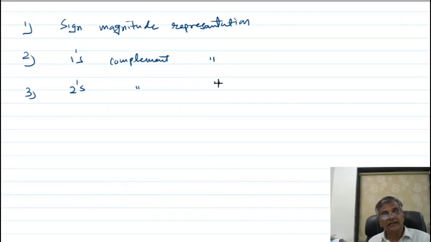First, sign magnitude representation. Second, 1's complement representation. Third, 2's complement representation. In the sign magnitude representation method, the MSB is used to represent the sign, and the remaining bits represent the magnitude.